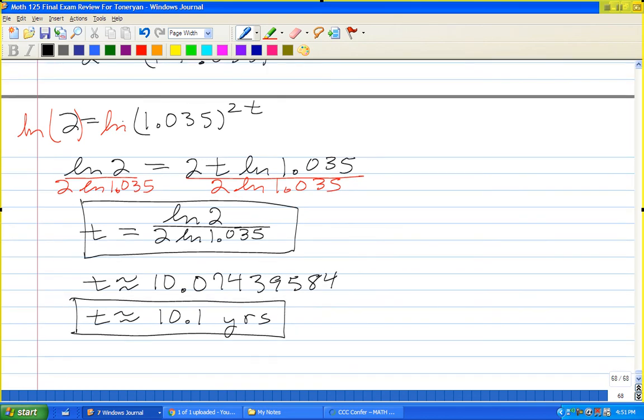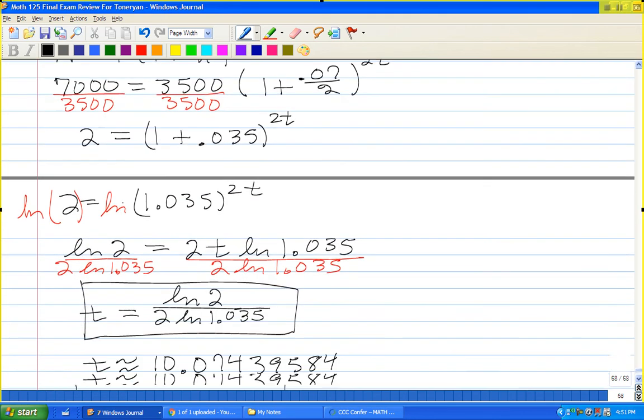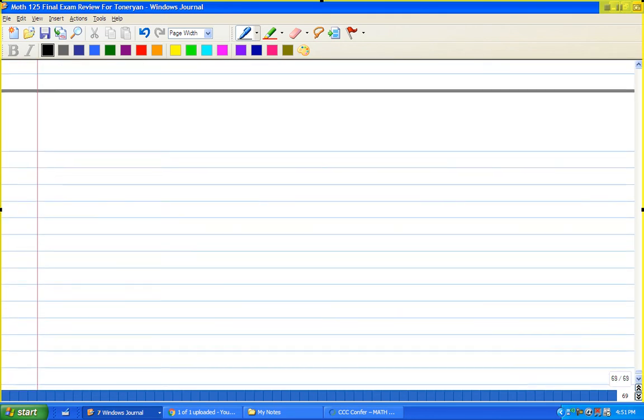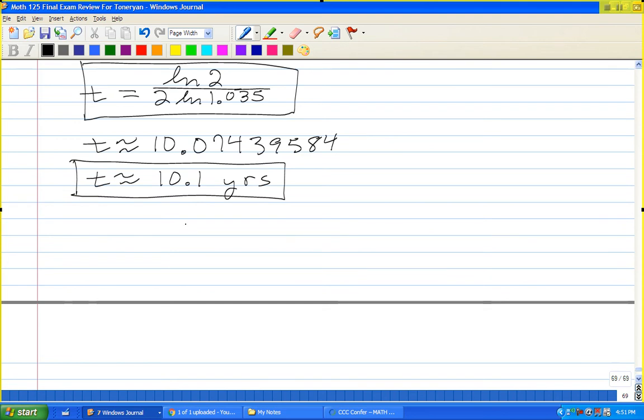Let me do problem number 90. Find the center and radius of the circle. So I have here x minus 9 squared plus y minus 6 squared is 49.